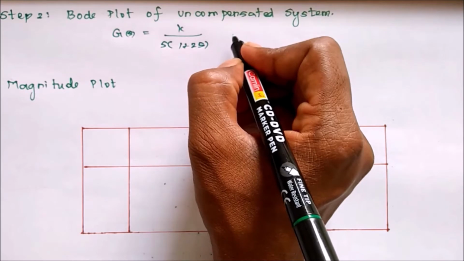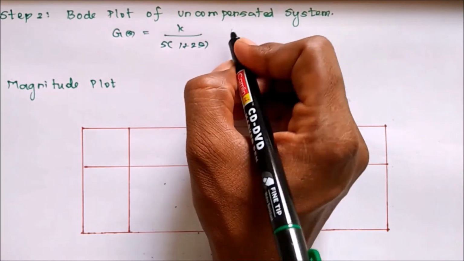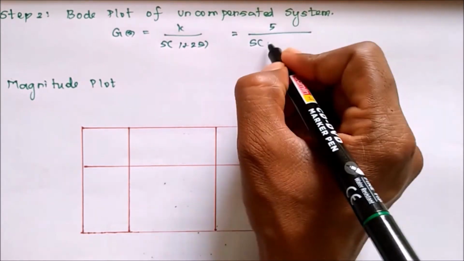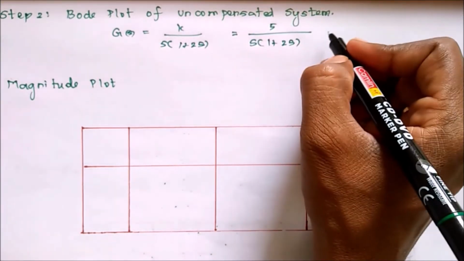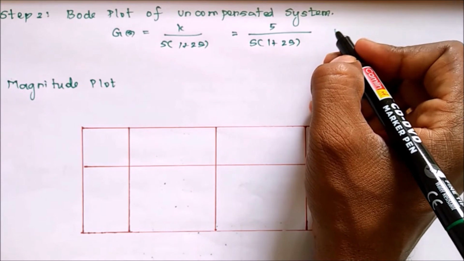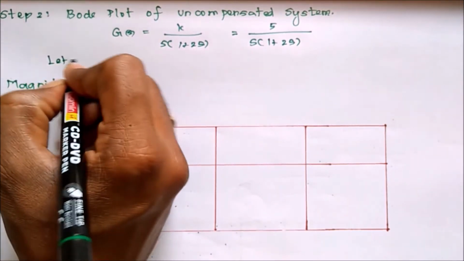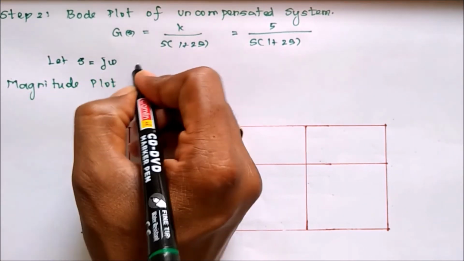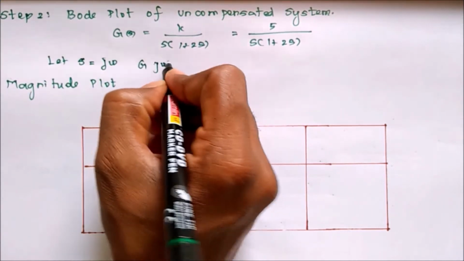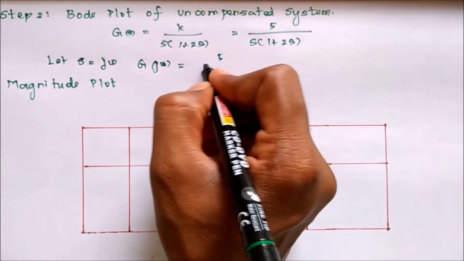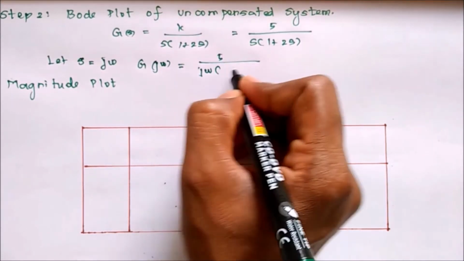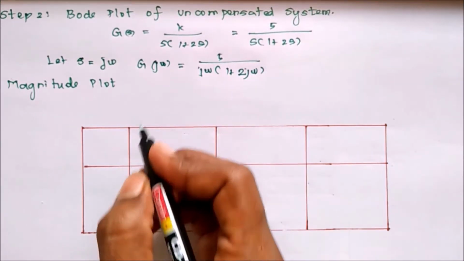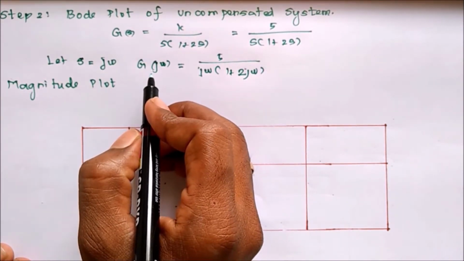For drawing the Bode plot we substitute s equal to j omega. Therefore G(j omega) equal to 5 divided by j omega into (1 plus 2 j omega). From this we have to draw the Bode plot.